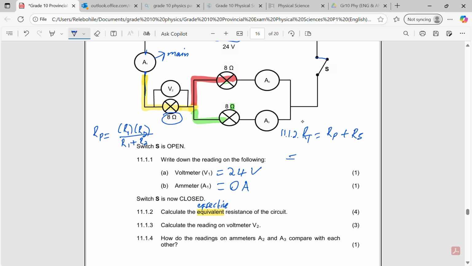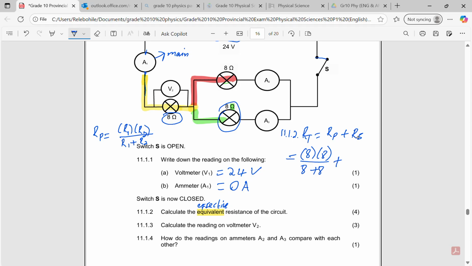The resistance at the top, if I'm using this formula, guys, now I'm substituting, right? The resistance at the top is what? 8 multiplied by the resistance at the bottom. This is the resistance at the bottom. It's another 8 divided by the resistance at the top, which is 8 again, plus the resistance at the bottom, which is another 8, plus the resistance in series.